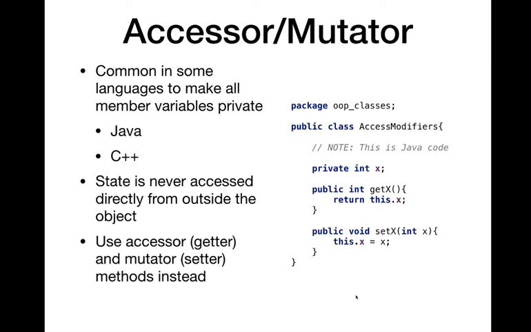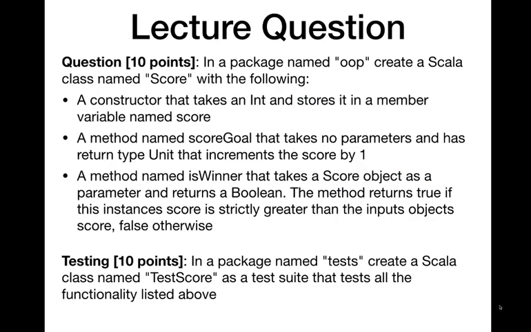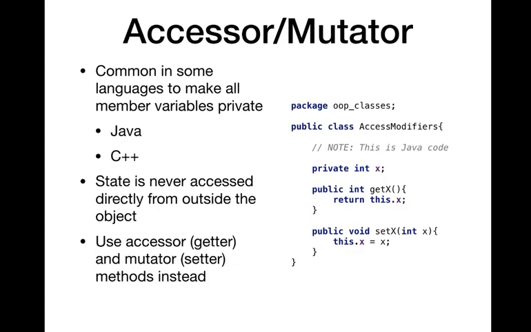This is the Java way, that's how Java does it, and that's the right way to do it in Java. If you're coding in Java, you're doing this, unless you want to be wrong. In Scala, this is not the case. C++ as well, that's the way you do it in C++. You never let anybody access your state directly in Java. In Scala, we're going to get around that.